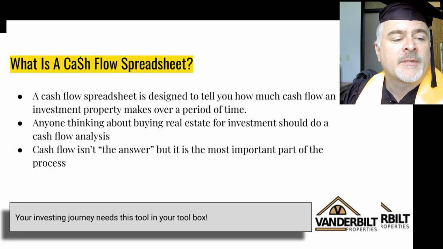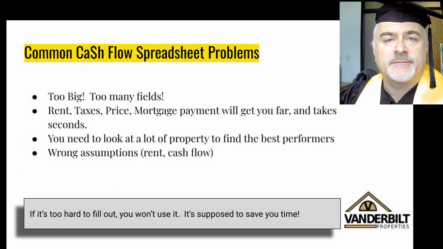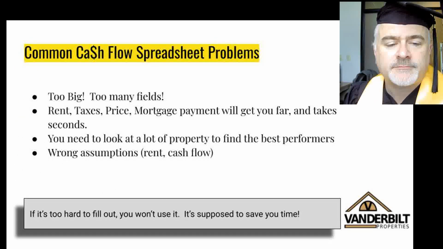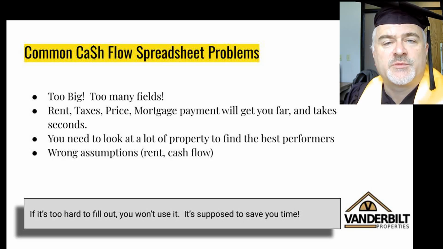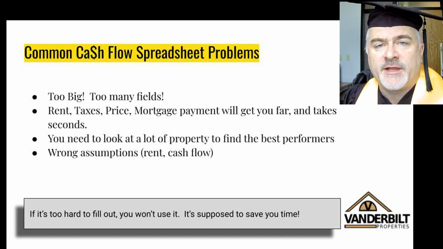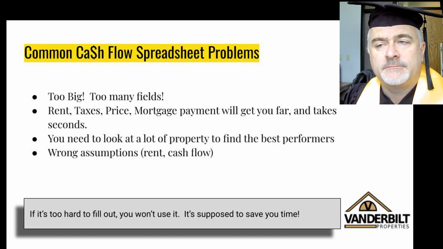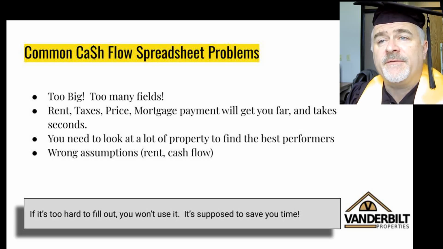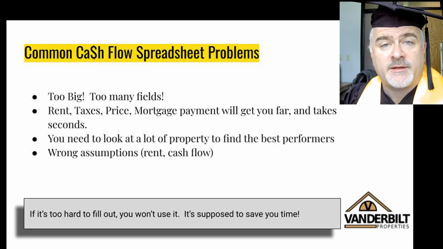Almost anybody you talk to will tell you they've got a spreadsheet, and you need one too. If you Google and look around for cash flow spreadsheets, there's plenty of people out there pawning their spreadsheets. I have to tell you, most of them are way too complicated. When you're trying to figure out what properties to go see, which ones might make sense, you're not going to have a lot of detailed information about that property.